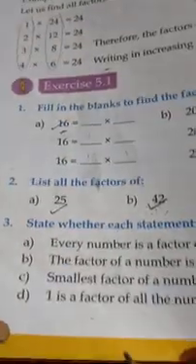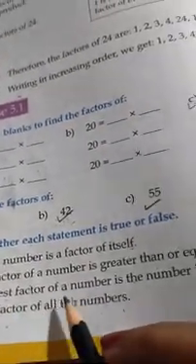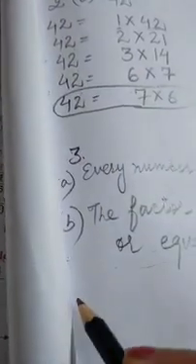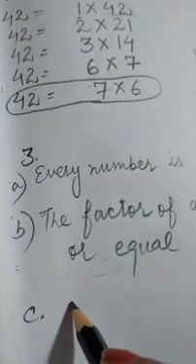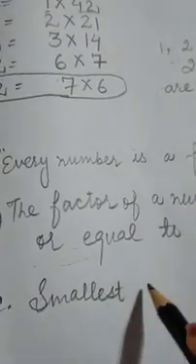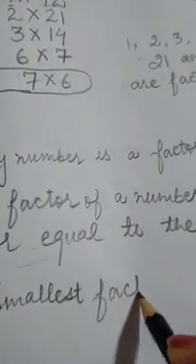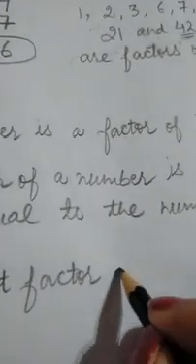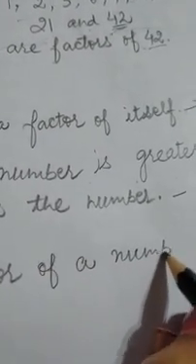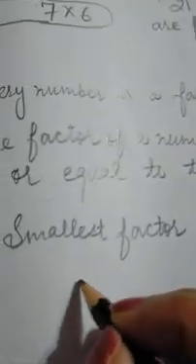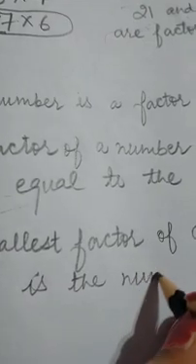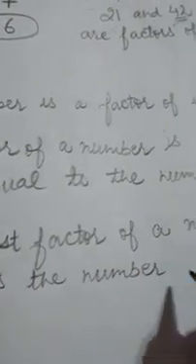Now let's move to the third statement. What is given there? The smallest factor of a number is the number itself.